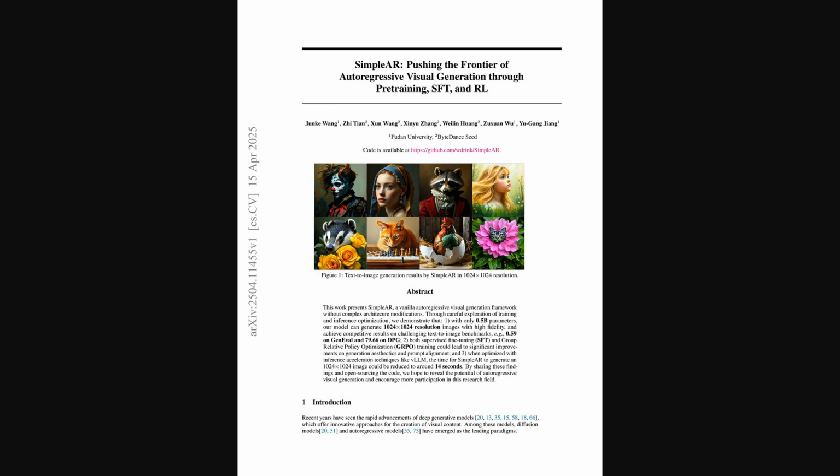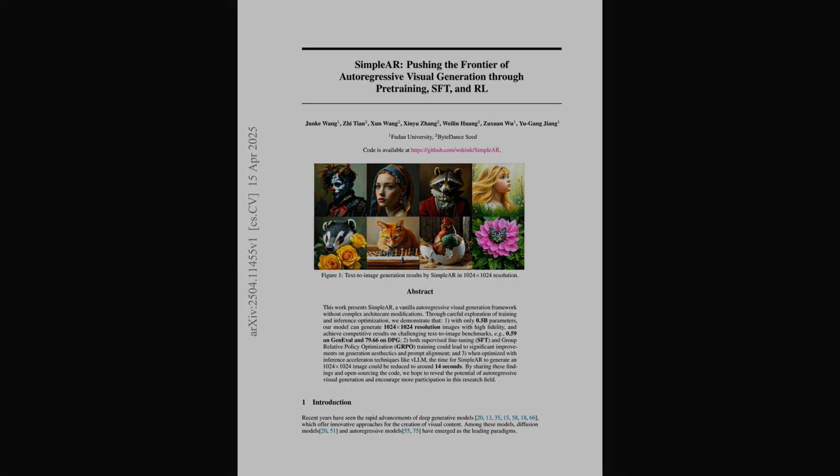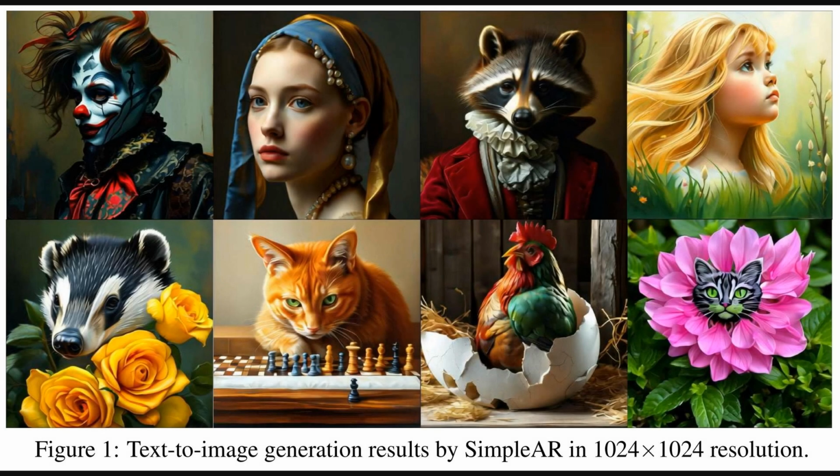They show that even with only 500 million parameters, their model can create detailed 1024 by 1024 images and performs competitively on text-to-image tasks. They also found that techniques like supervised fine-tuning and reinforcement learning really boost the image aesthetics and how well the images match the text prompts. So let's take a look at some examples.